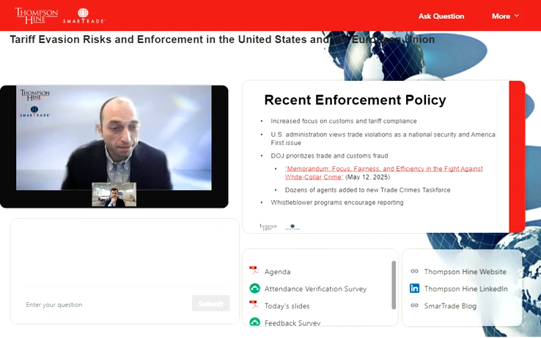And then these announcements, these press releases, also encourage whistleblowers to utilize either the criminal division's whistleblower program or the qui tam provisions under the False Claims Act to report violations to the government, and also encourage companies to self-disclose and remediate violations if they find any trade non-compliances as they are reviewing their records and verifying their previous statements.